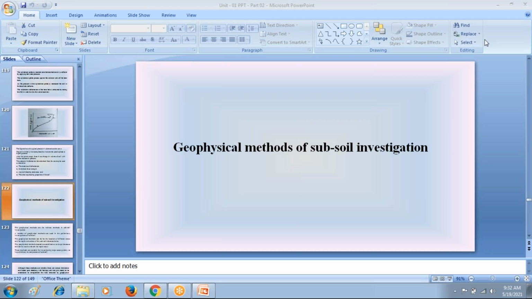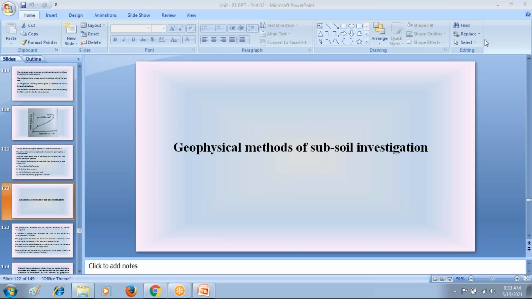Then the third one, the important one, is the indirect method. Without excavating the test pits, without drilling the boreholes, we can study the properties of soils below the ground level. That is called the indirect method.